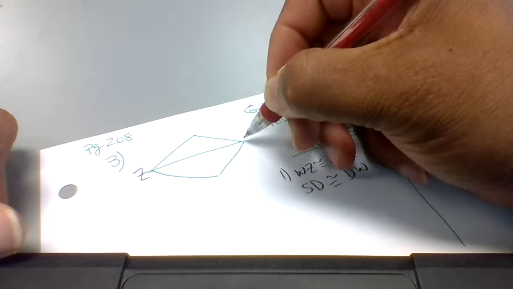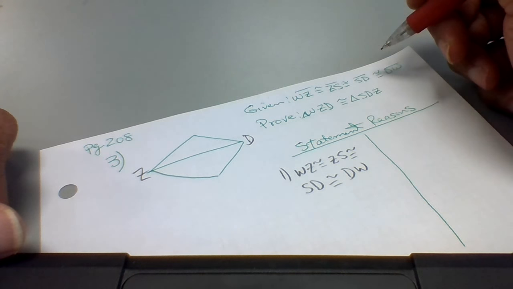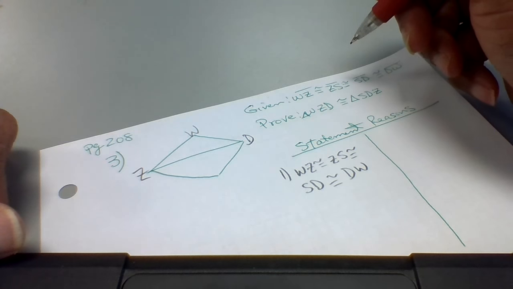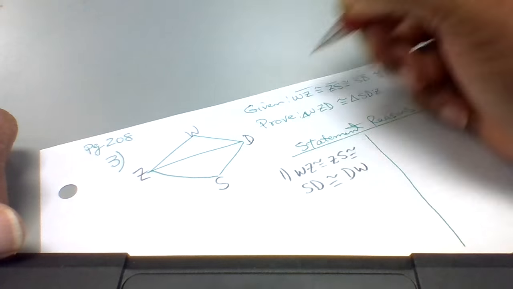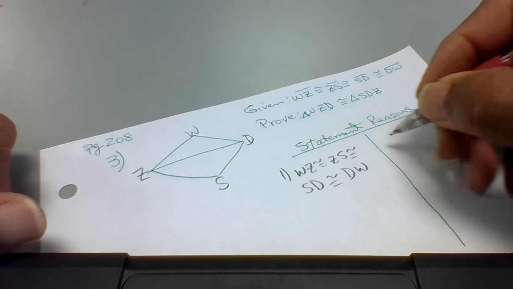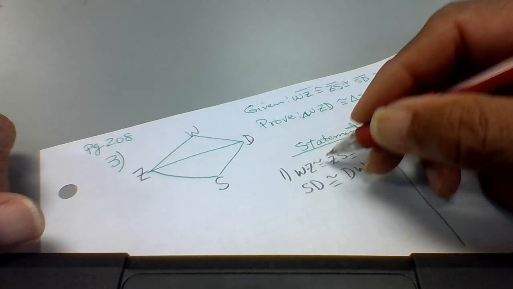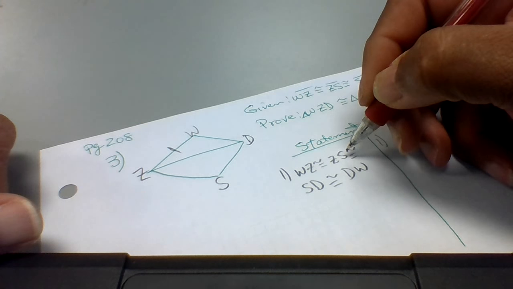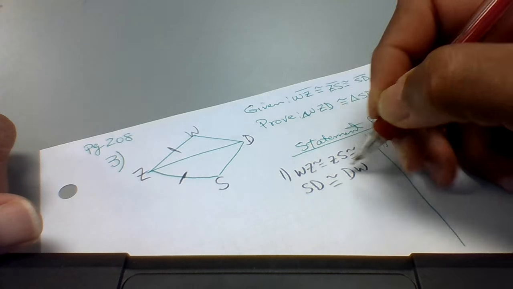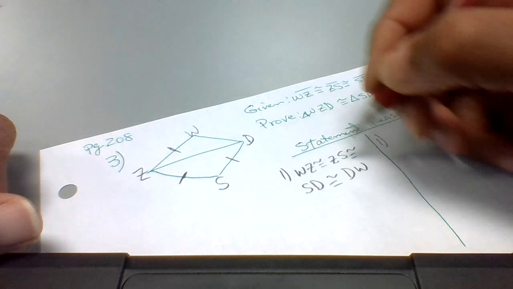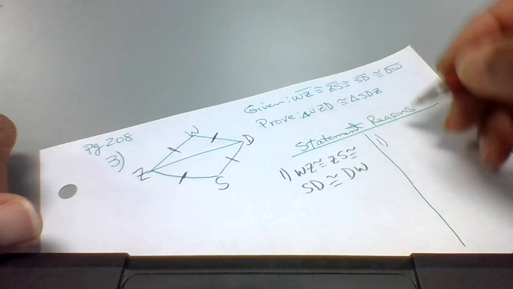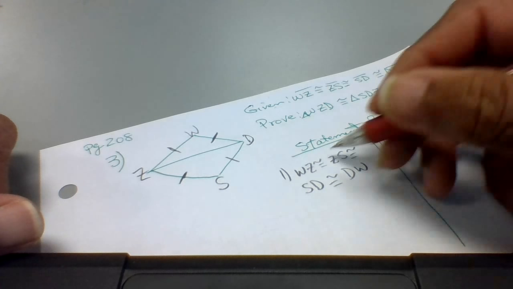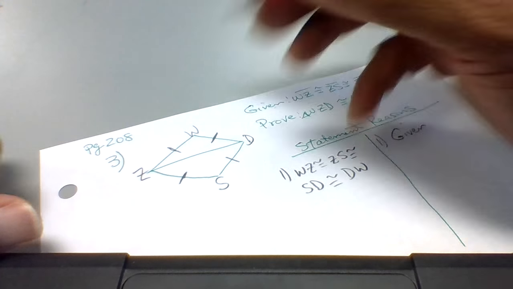This was Z and this was D, W, and S. Okay, so one, WZ is equal to ZS, marked, which is equal to SD, which is equal to DW. Marked them all, and the reason was those were all given to me up here. So I show it down here, and I marked it on my picture.